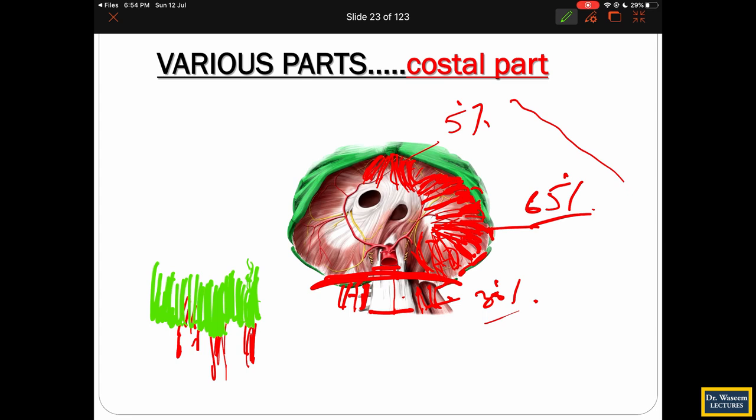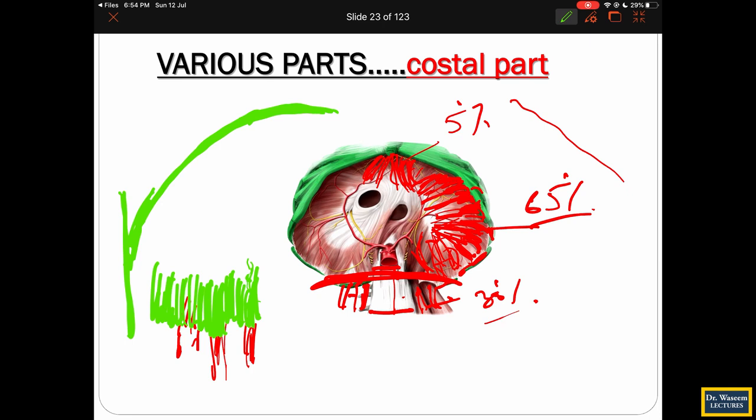If in sagittal section you are watching here, it will be curving and becoming continuous with the central tendon. So, it makes a dome from the back. This is the vertebral part of the diaphragm I am showing you in the lumbar region, that is why it is called the lumbar part of the diaphragm.